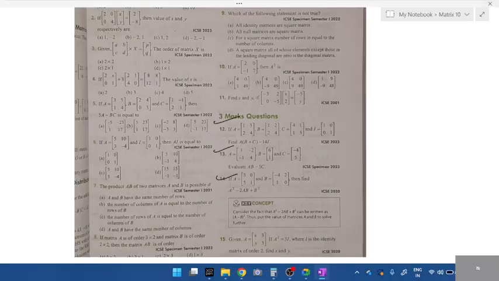One more thing, all these are easy questions. From your textbook, we solve tougher ones. All these are easy. Look here. 12th is easy, 13, 14.